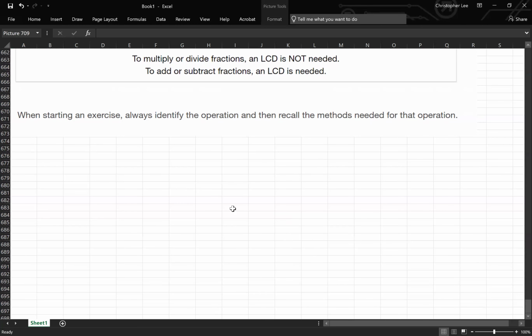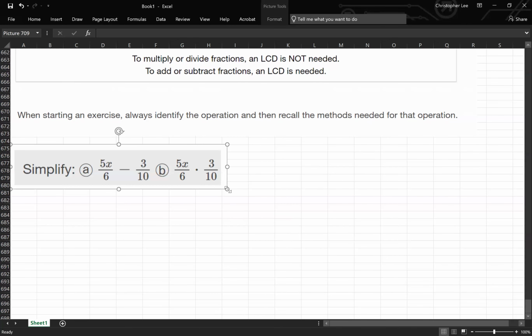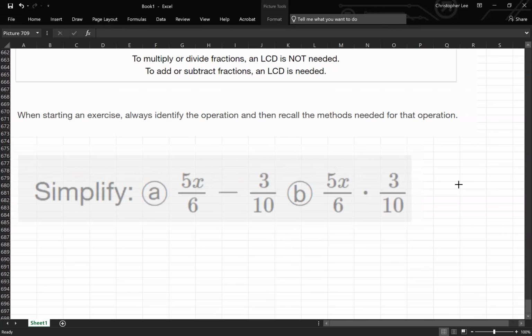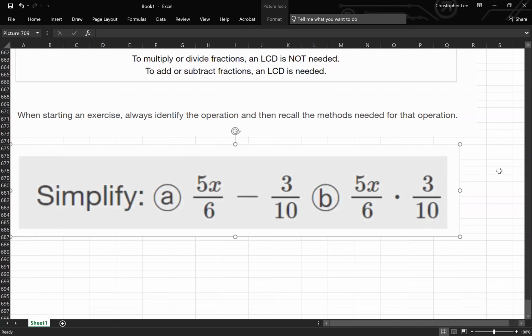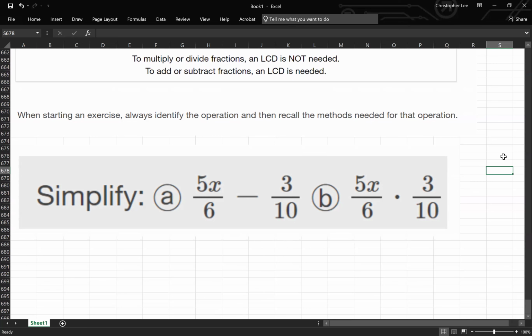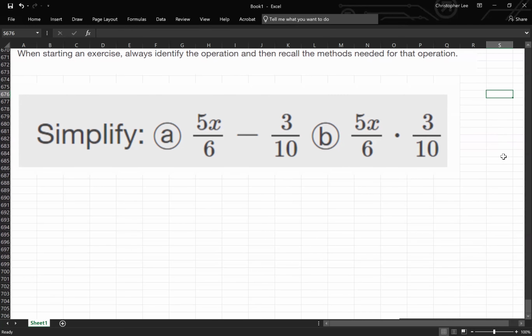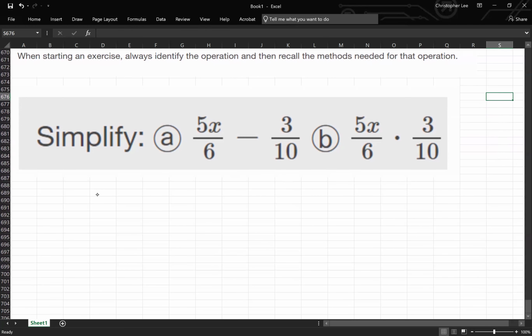Good advice. All right. Here's an example. So this is two questions, A and B. For question A, I got 5x over 6 minus 3 over 10.